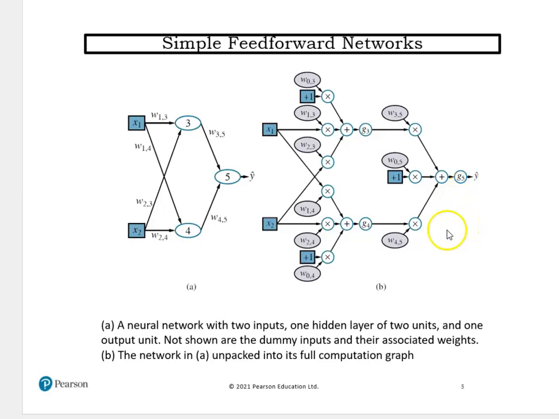So this is the unpacking of this network right here with all the operations that take place inside this simple network. So the summation and then the activation. Same here, summation with weights and activation.